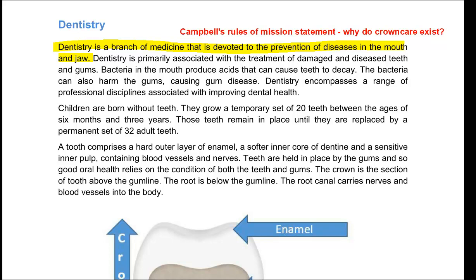However, there is a mention about children being born without teeth and growing a temporary set in the ages of 6 months to 3 years, and then they get a permanent set later on. Now, this means that we can consider that our demographics of who we have sit down in our dentist chair changes what kind of treatment options we have available to us.